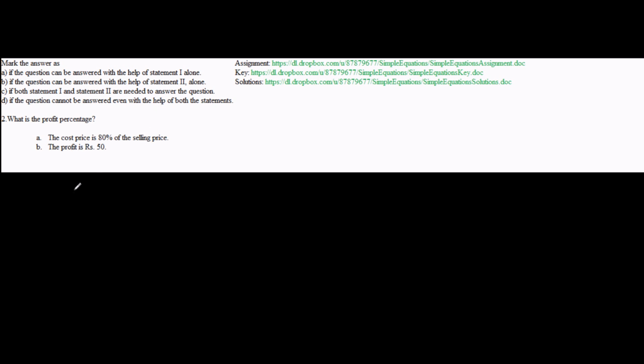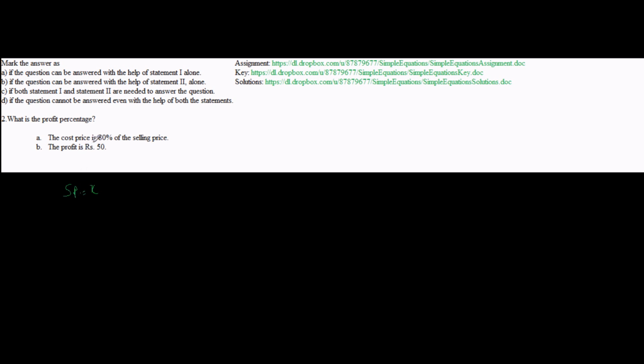As with any equations problem, first I will list down what is unknown. The unknowns here are cost price and selling price. But there is a relation between cost price and selling price. Let's assume that selling price is X. This is my selling price.